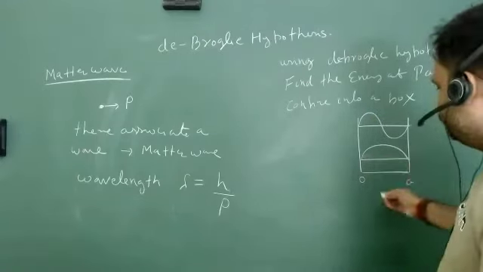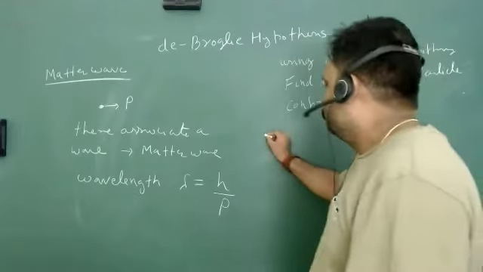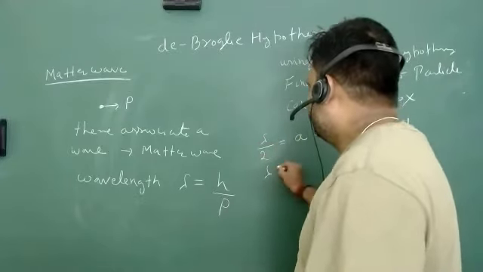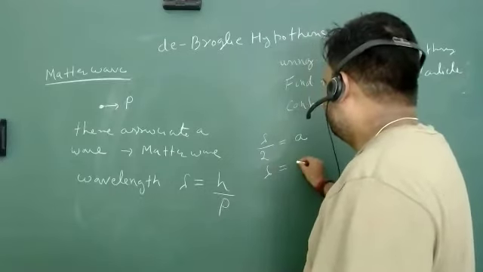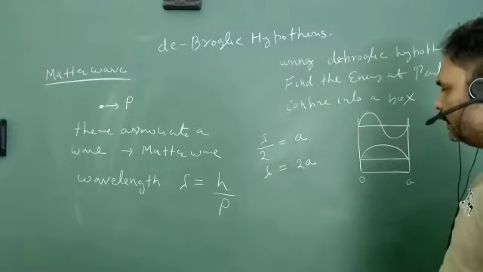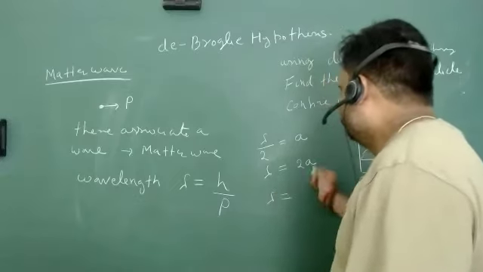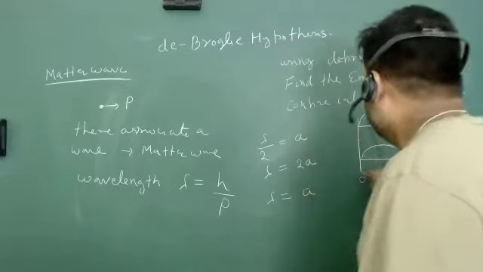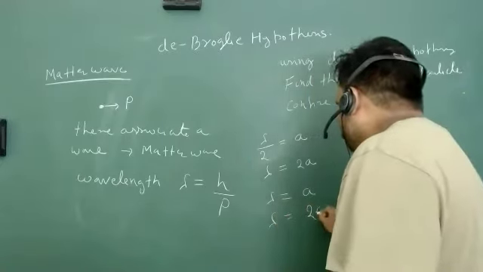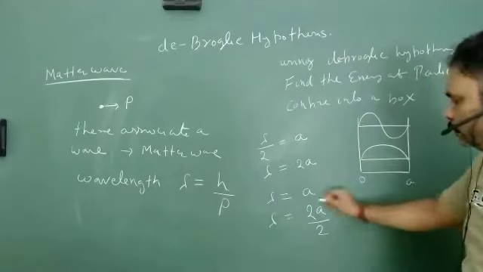So what is the meaning of that? For the fundamental mode this is nothing but lambda by 2, and this length is a. So lambda by 2 is equal to a, so lambda can be written as 2a. And for the first overtone, lambda can be written as a, which I can write as 2a upon 2.